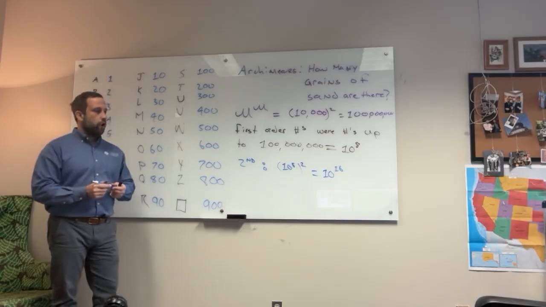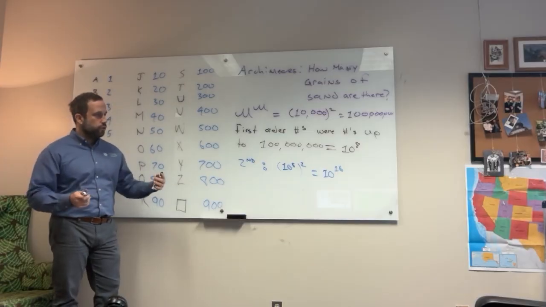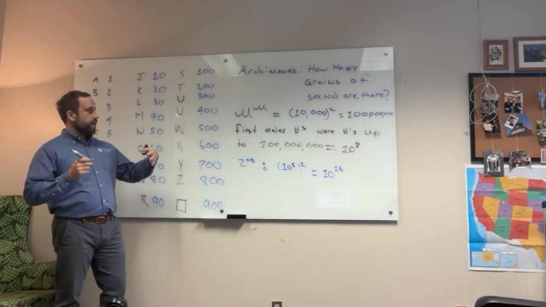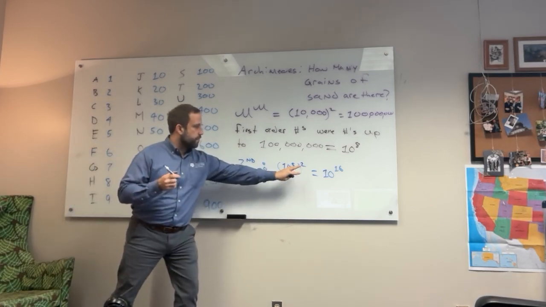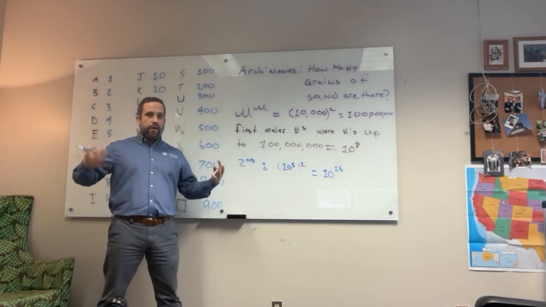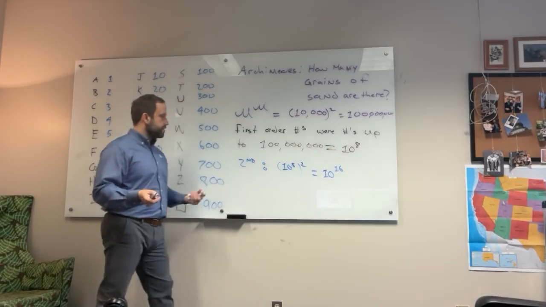Well, we can do this all the way up to, what is the biggest number that we can put there? Basically, it's going to be a myriad of myriads. In other words, 10 to the power of 8.